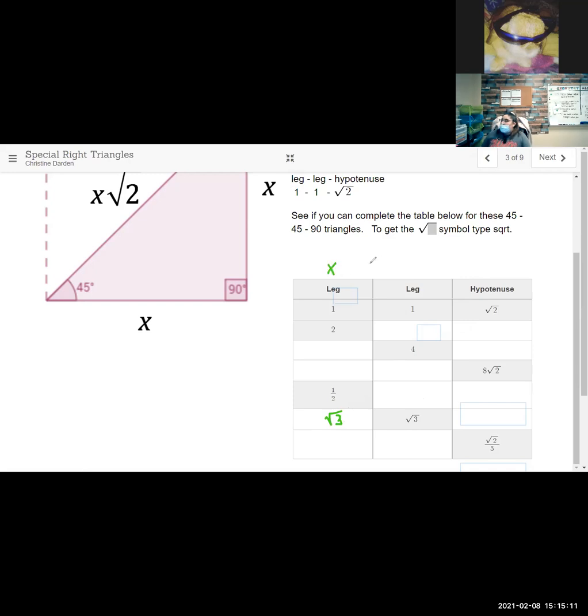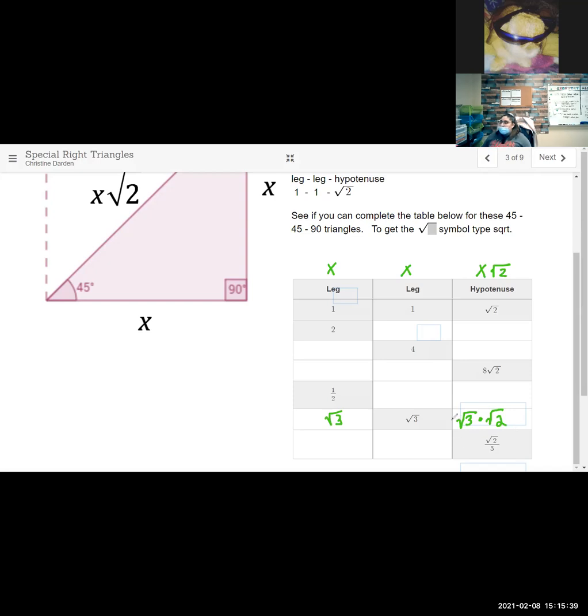So in your paper or wherever you are writing this down, just remember that the legs are x and the hypotenuse is x square root of 2. So in the third column, we know that x is equal to the square root of 3. And we multiply times the square root of 2 to find the hypotenuse.